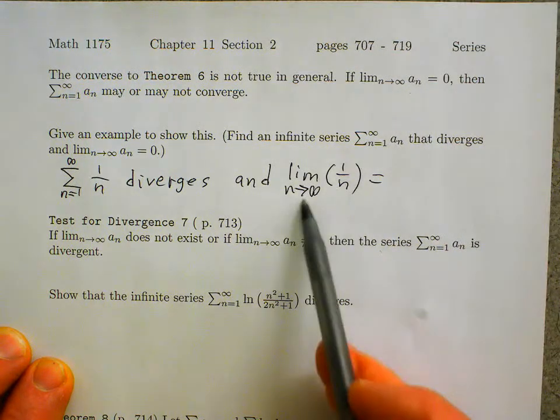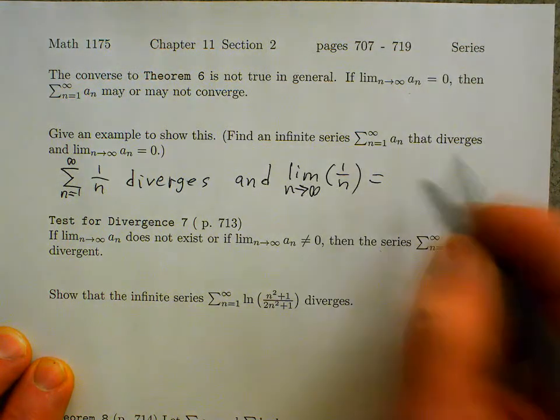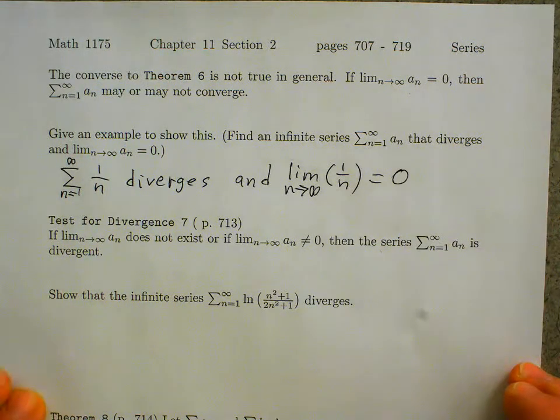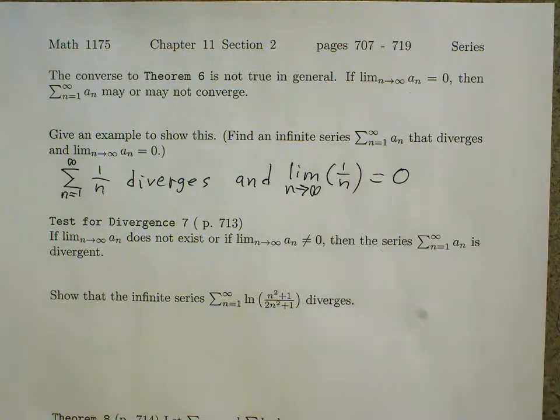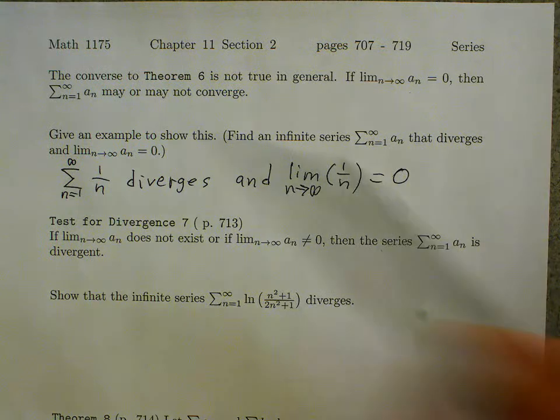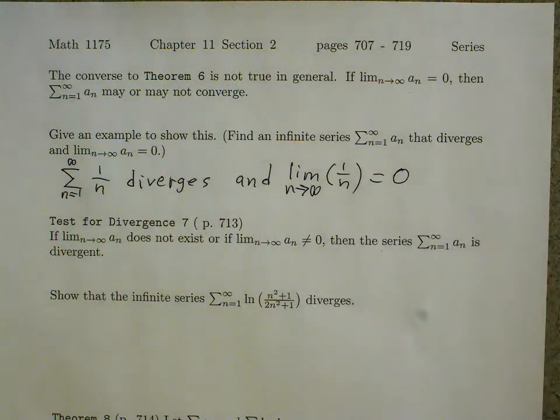Right, as n approaches infinity, 1 over n approaches 0. So the limit is 0. So that's the classic example to illustrate that the converse of that theorem is not true in general.